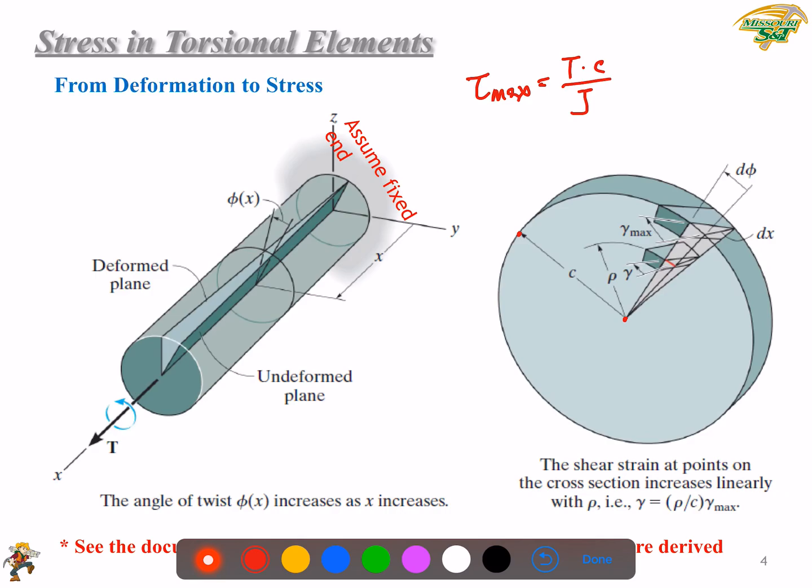And at a random point here, with the distance from the center rho, the shear stress equals T rho over J. So you can see that the shear stress in the torsional element is actually directly proportional to the distance from the center.